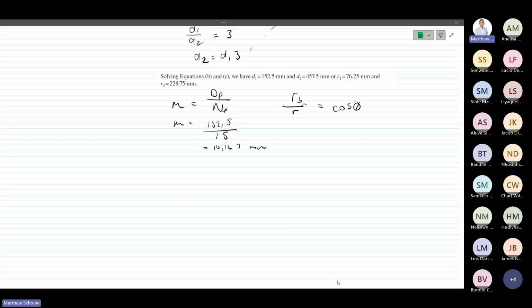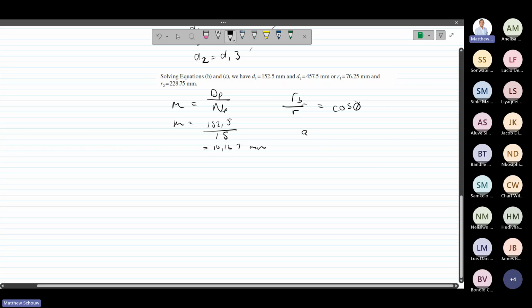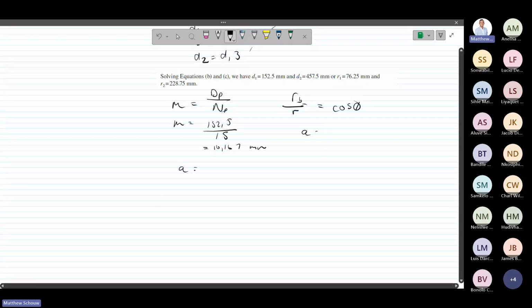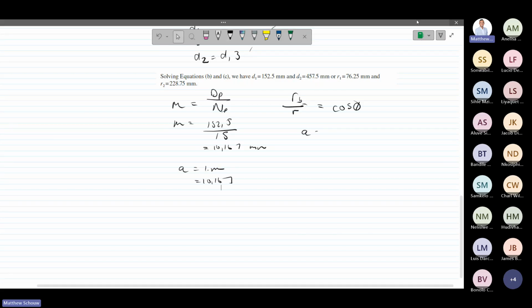This is where I was having a bit of a problem with the textbook. Or you can add over here, which is 1 times module. That'll give you 10.167. Once you have your addendum, you can then compute the base circle, I believe.